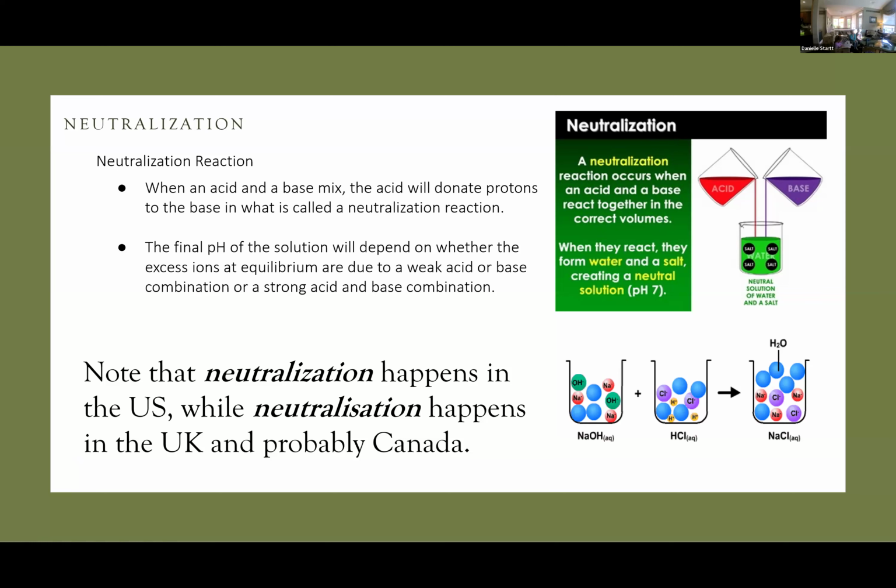If you see it with a Z, it's coming from the US. That's where it was written. Just sometimes words like that. It's like color. How do they spell color in the UK? Do you know? COLOUR. Yeah, they add a U. So it's a thing. All right.